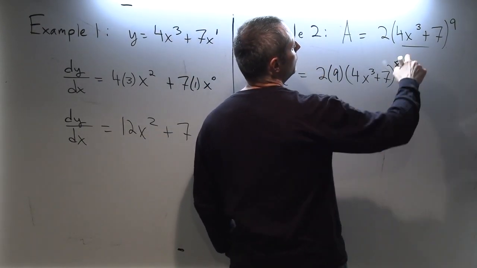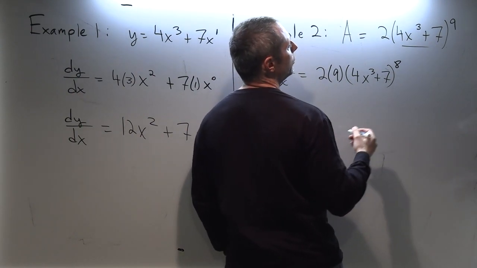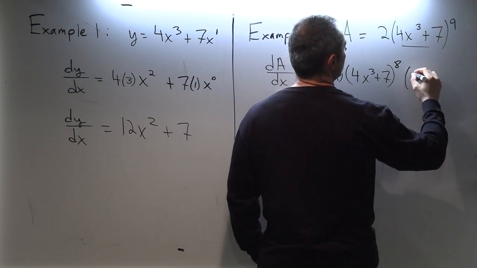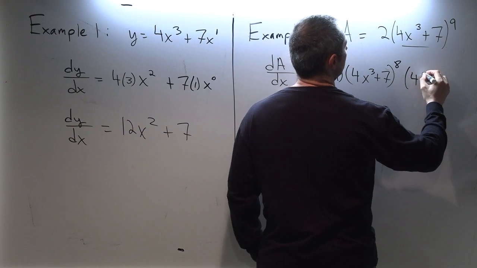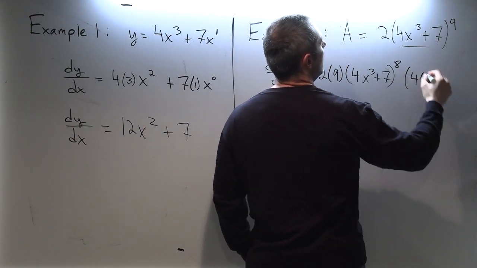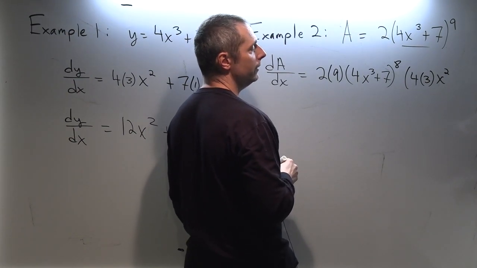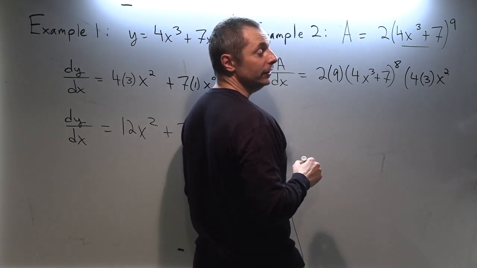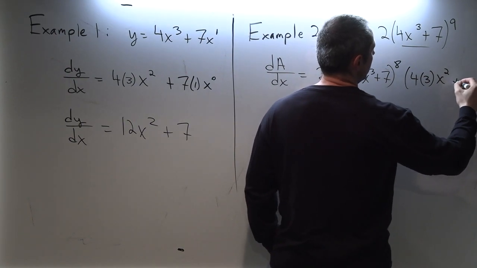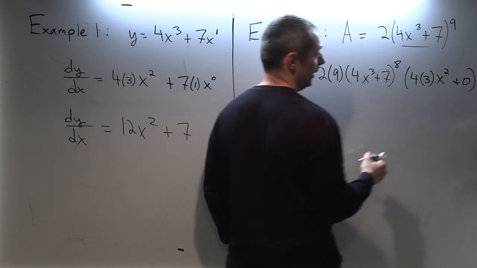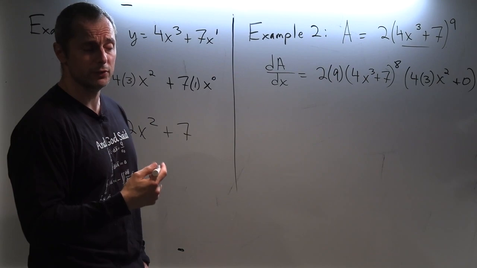So what I have to do is multiply by the derivative of everything in the parentheses. So what I do is I take this 4 and I multiply by 3 and then subtract 1 from the exponent. So that's 4x cubed, the derivative of that. And the derivative of 7 is 0. The derivative of any constant, well, constants don't change. So derivative is all about change.